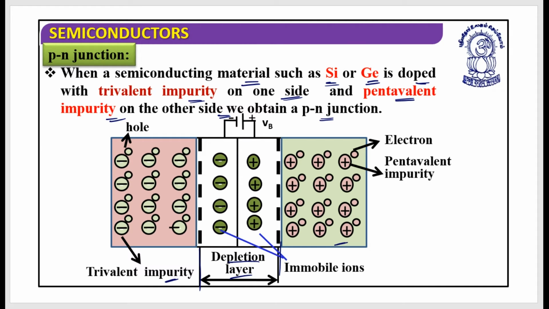These ions are immobile. So what exactly happens is that we have a p type material over here and an n type material over here.